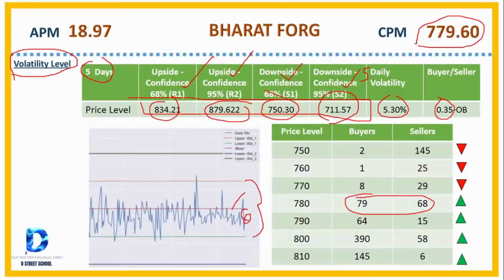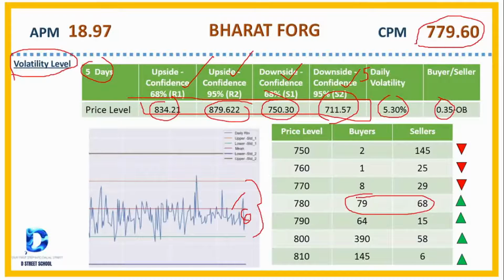Above 800 and above 780, buyers have the upper hand. It clearly shows there are more buyers than sellers. That's the reason I said as of now Bharat Forge is in the overbought range. We can expect a quick correction.